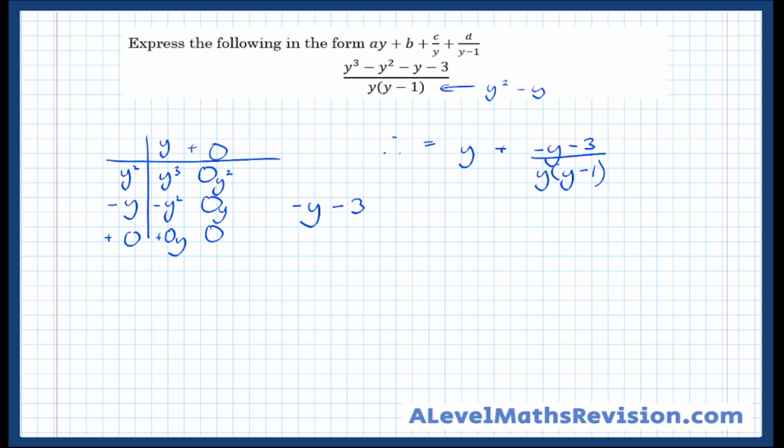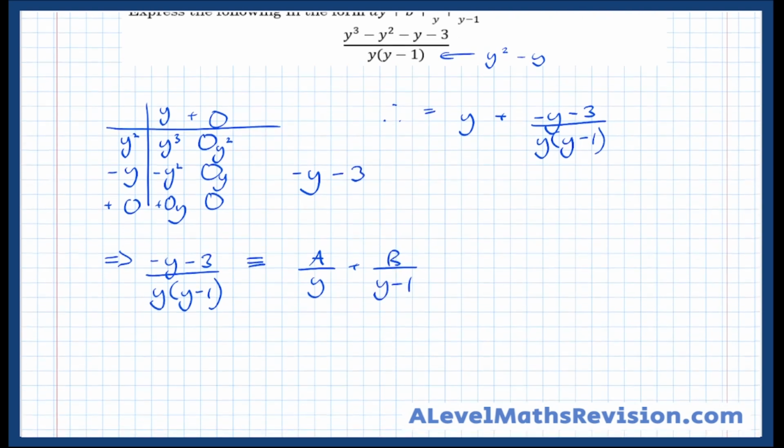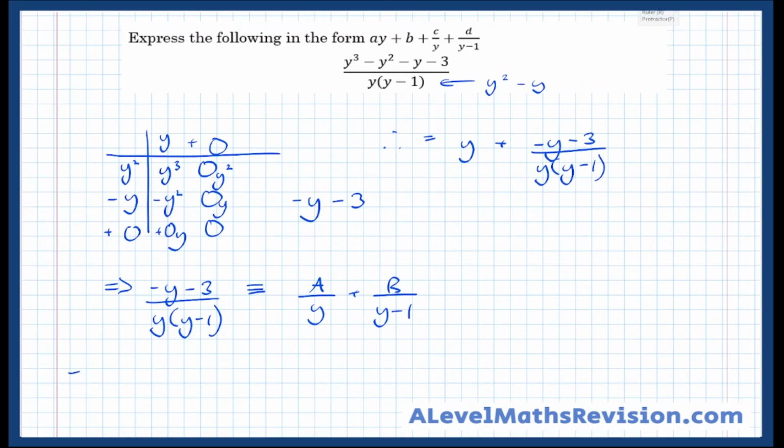So that means that (minus y minus 3) over (y(y minus 1)) is identical to a over y plus b over y minus 1, and multiplying both sides by the denominator of the compound fraction, we get minus y minus 3 equals a times (y minus 1) after the cancellation plus by, like that.